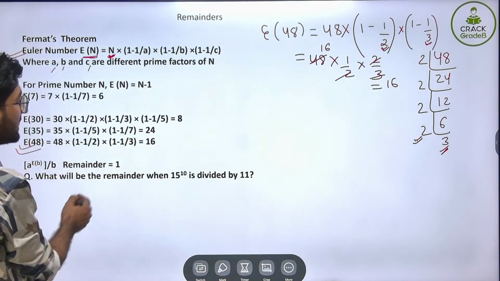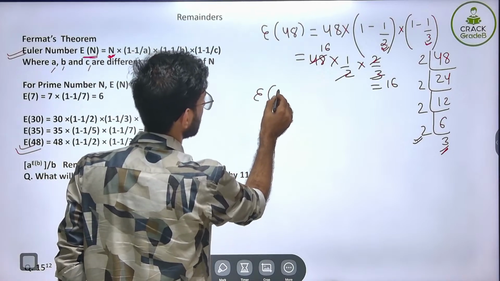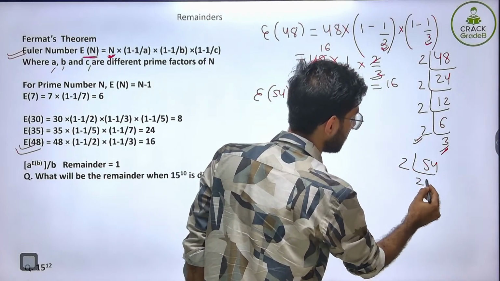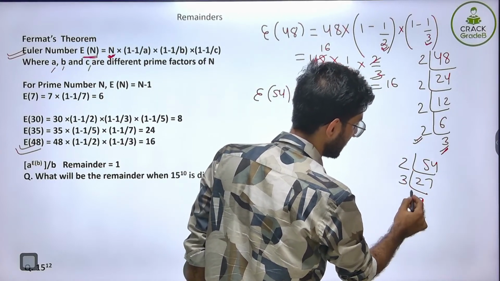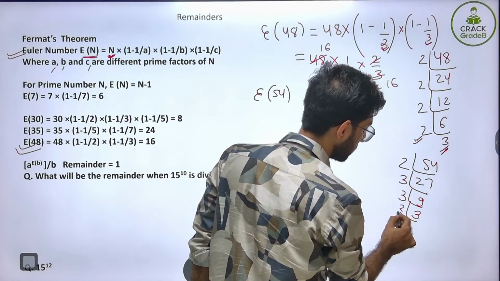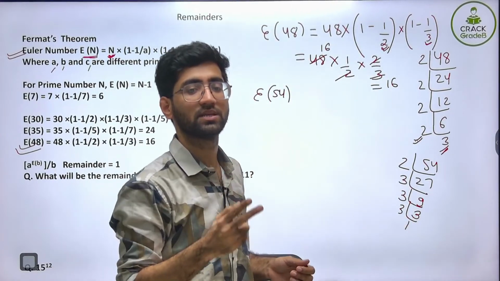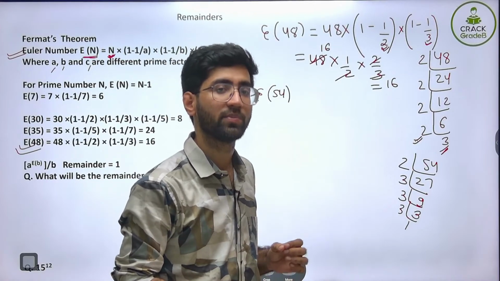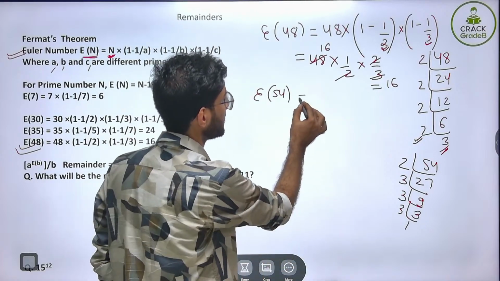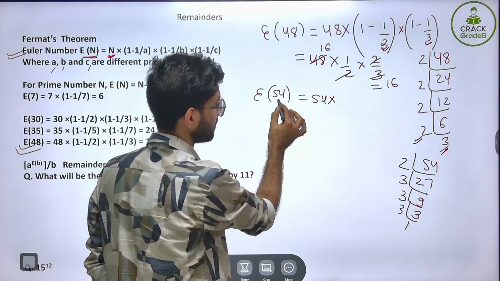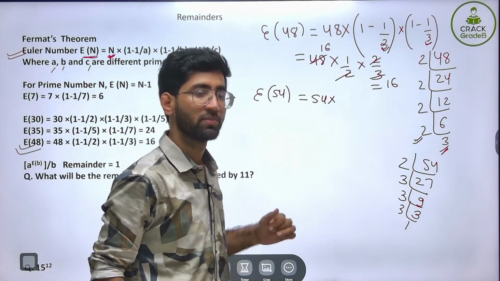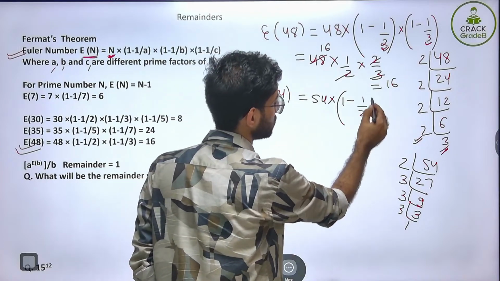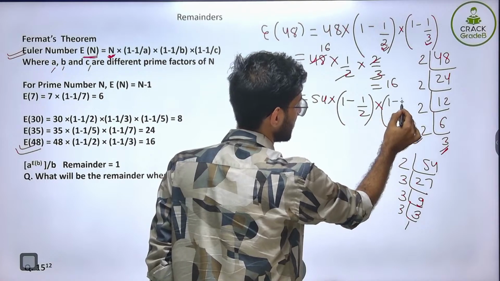Now let us try to find the Euler number of 54. Again, if you do the prime factorization of 54, you will only see two prime numbers, 2 and 3. So we will write 54 into 1 minus 1 by 2 into 1 minus 1 by 3.